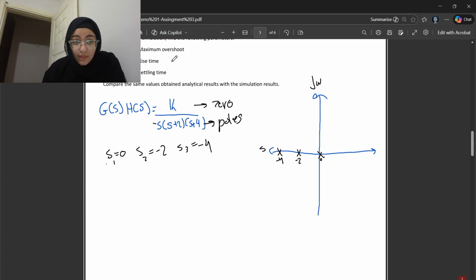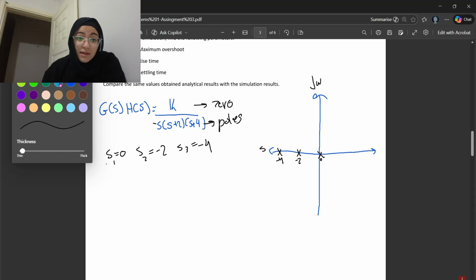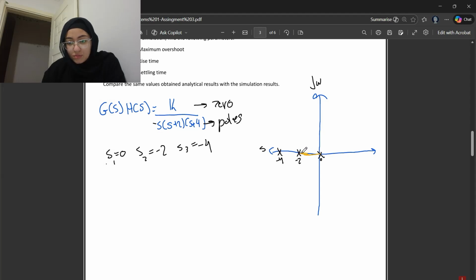Then the root locus is between two poles, from 0 to -2, and from -4 to infinity. So here is root locus and here is root locus. Let's continue.